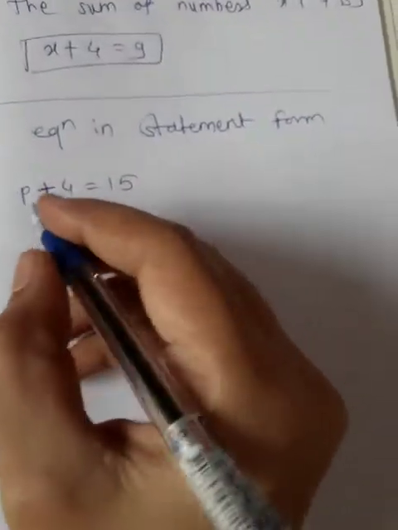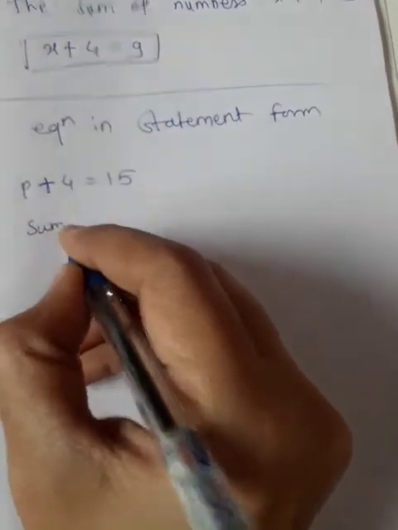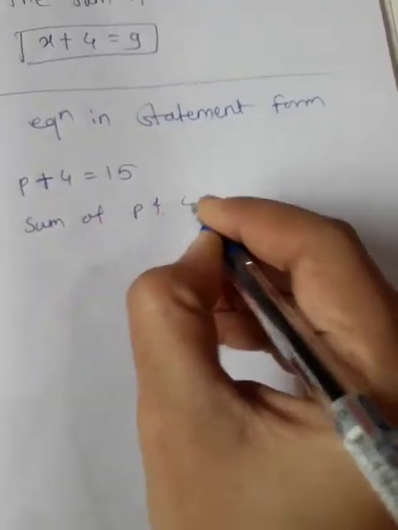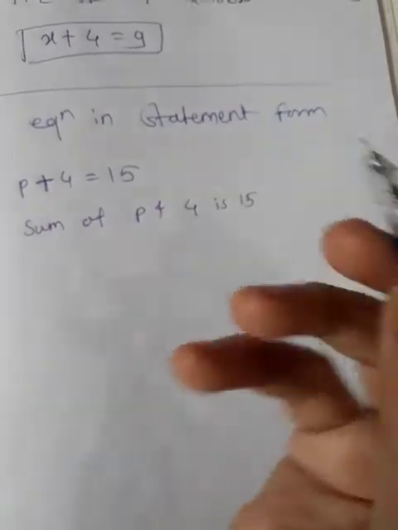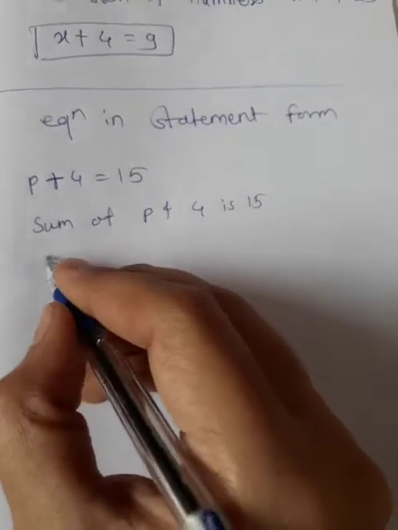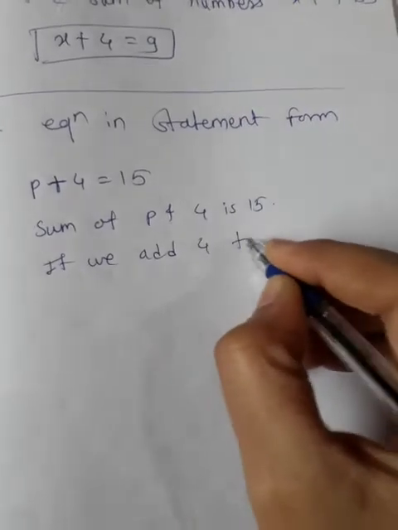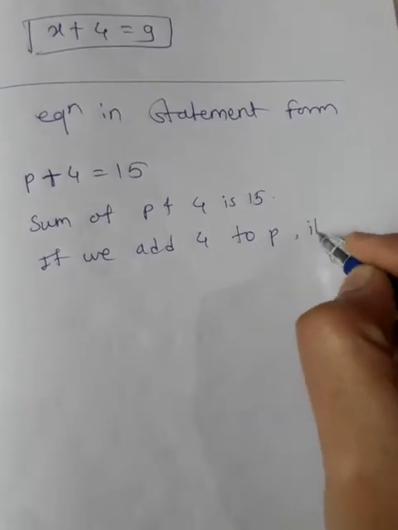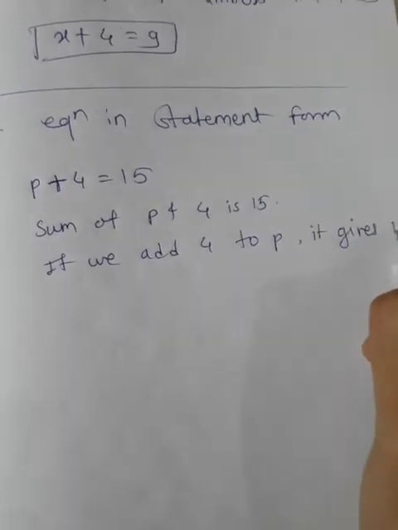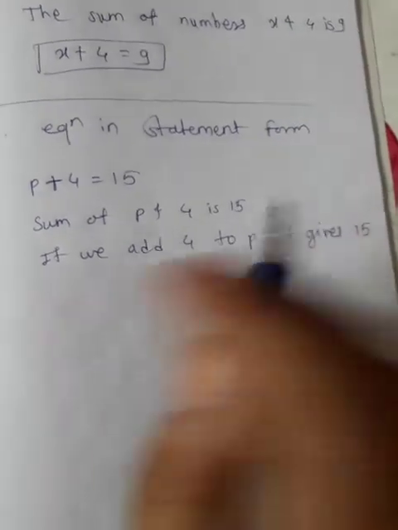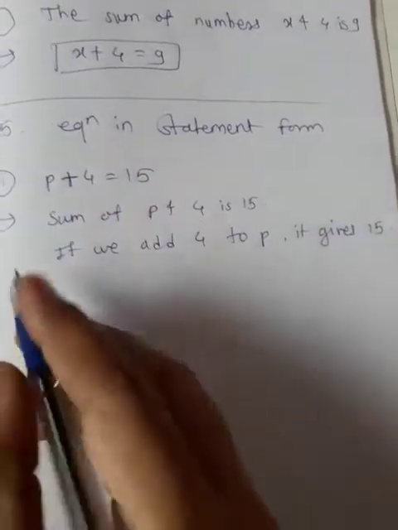Someone can write that the sum of p and 4 is 15, or you can write that if we add 4 to p, it gives 15. You can write any statement related to that equation.